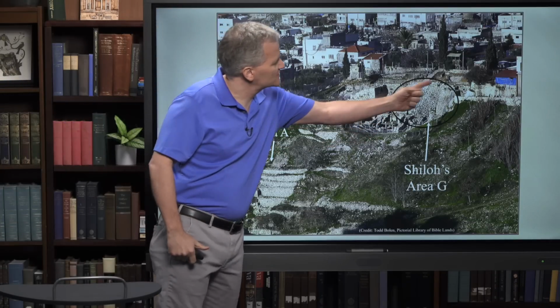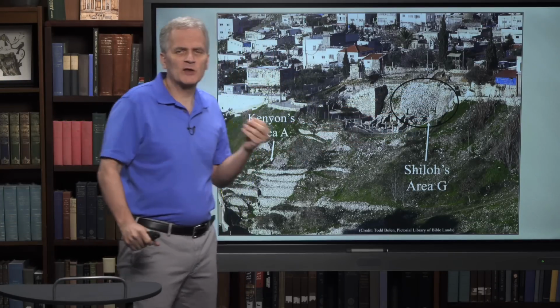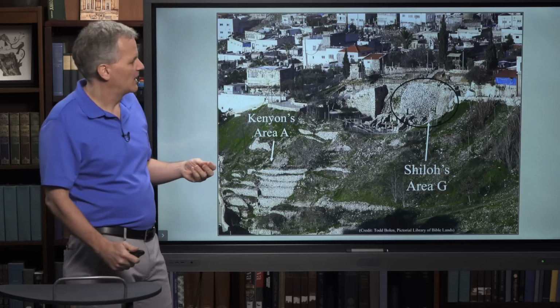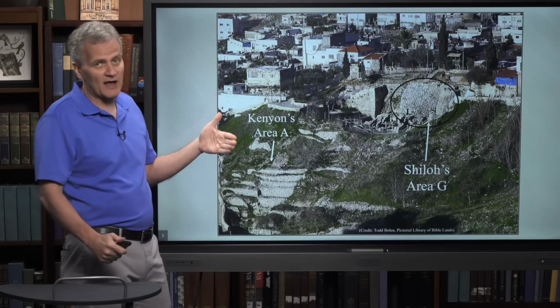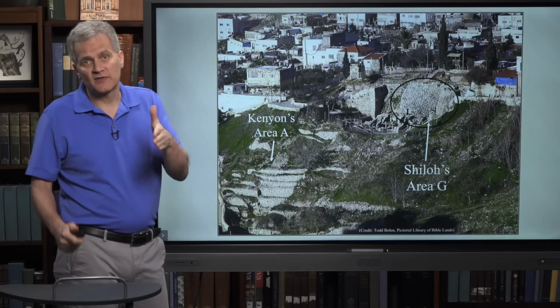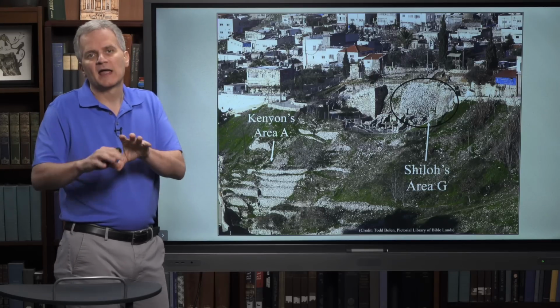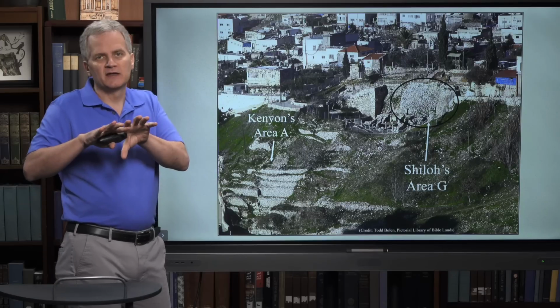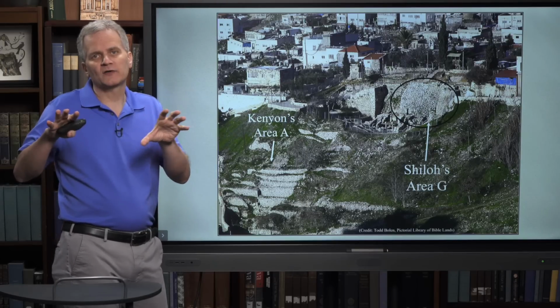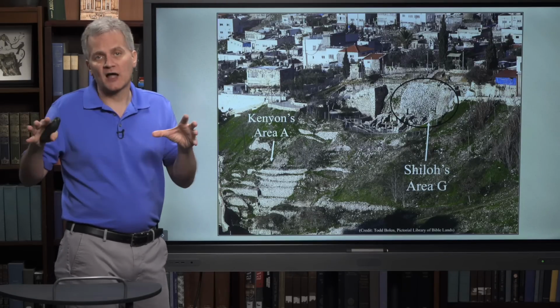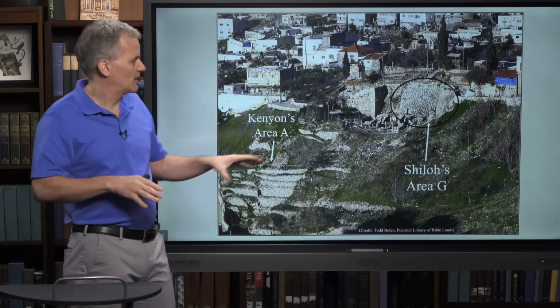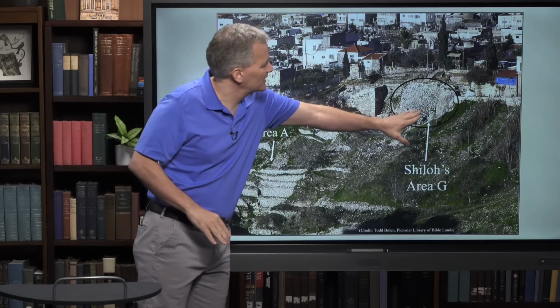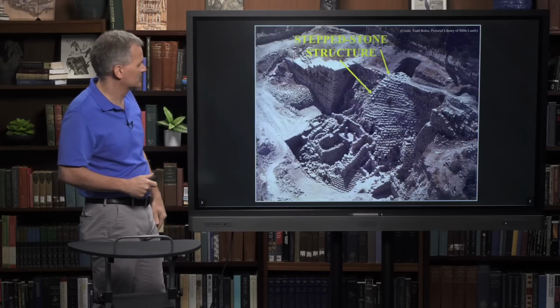Part of it is this area here, the thing that we call the Milo. That goes back all the way to the days that David and Solomon were there. When David had his house, his palace, built, he improved on or modernized the Milo, this area here that was right near his palace.